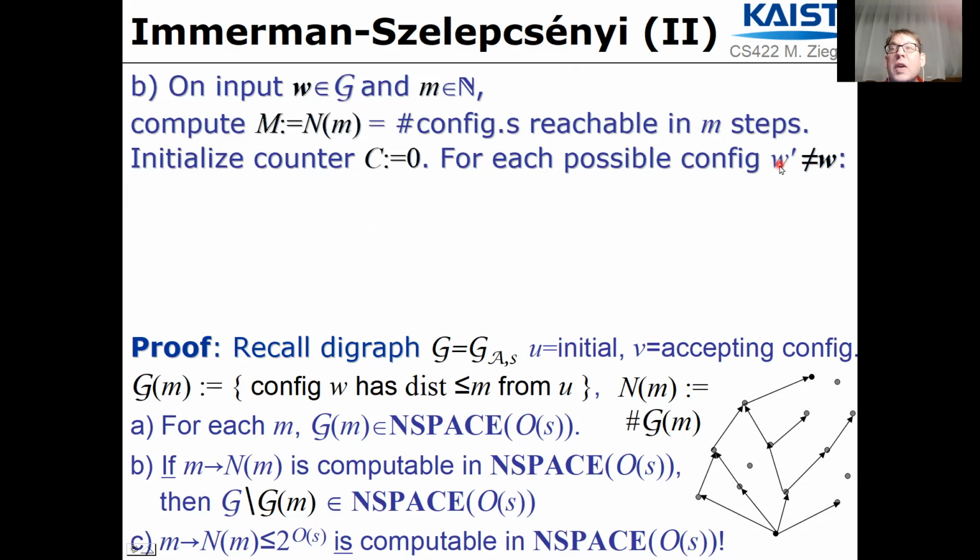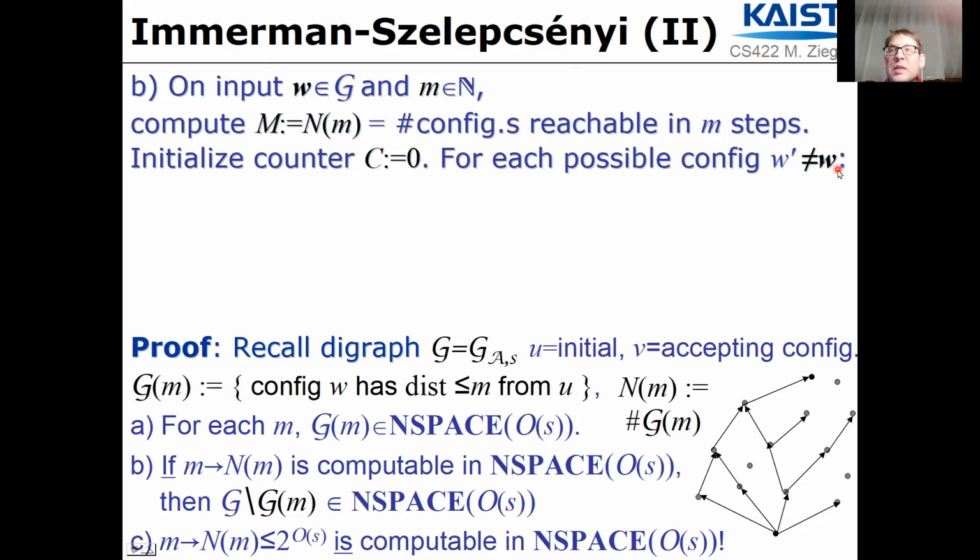And for each configuration, we verify that it's different from the given configuration W, using a linear amount of memory. So there's a big, exponentially long loop underlying here, but the loop counter W prime again uses only a linear amount of memory. So we're still good. And comparing the two configurations is also possible by just comparing them bit by bit.